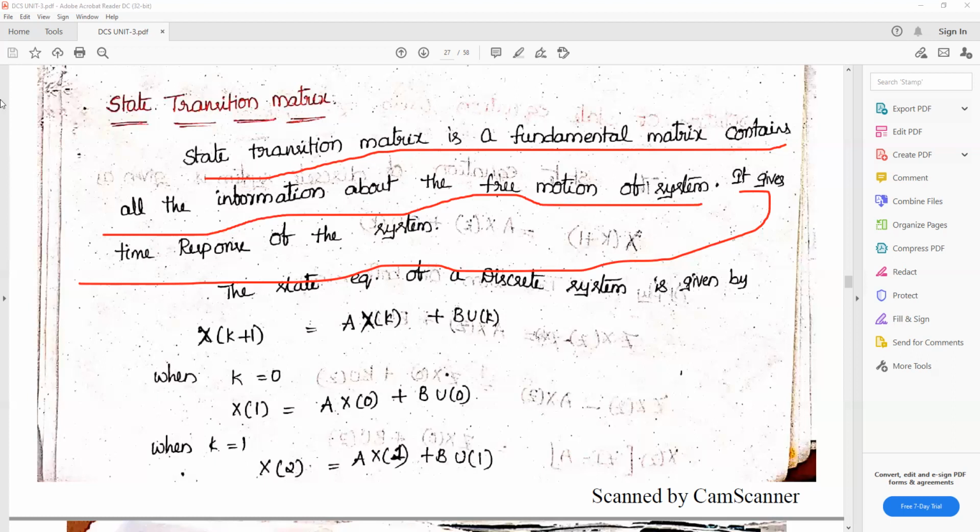So the state equation of the discrete system is given by x of k plus 1 is equal to A into x of k plus B into u of k.